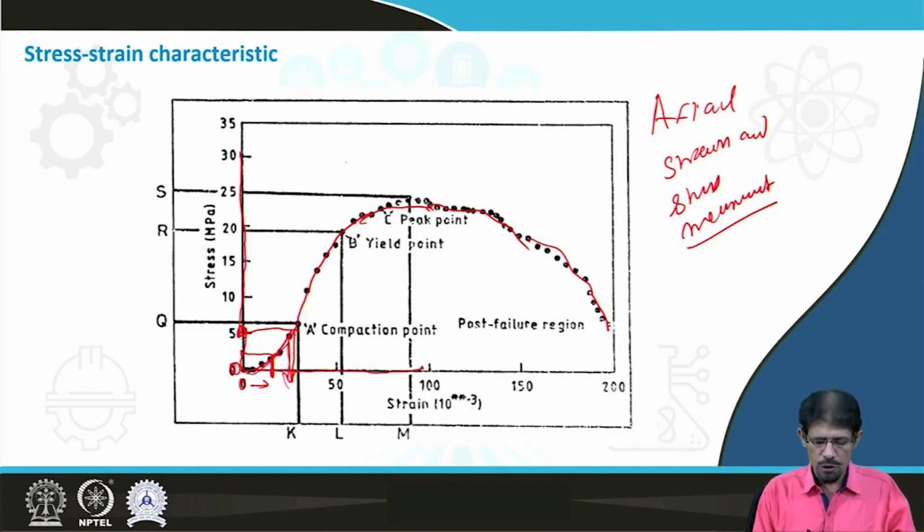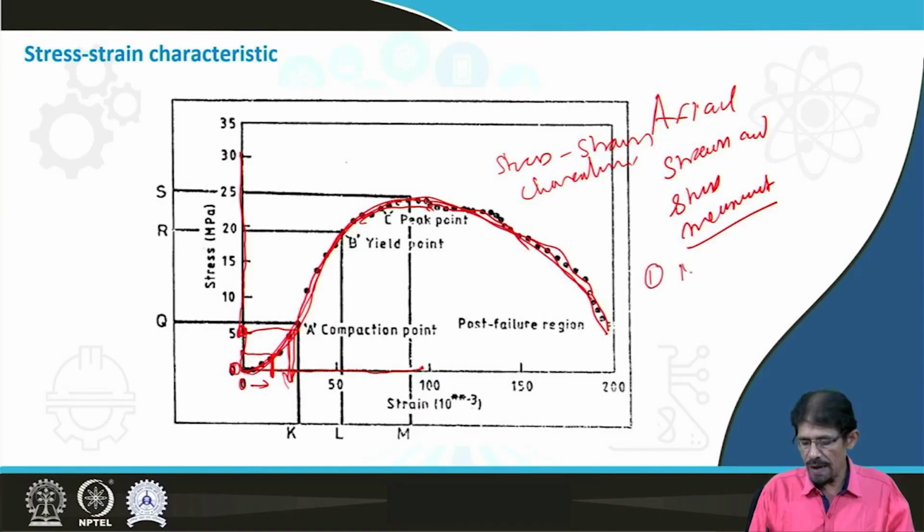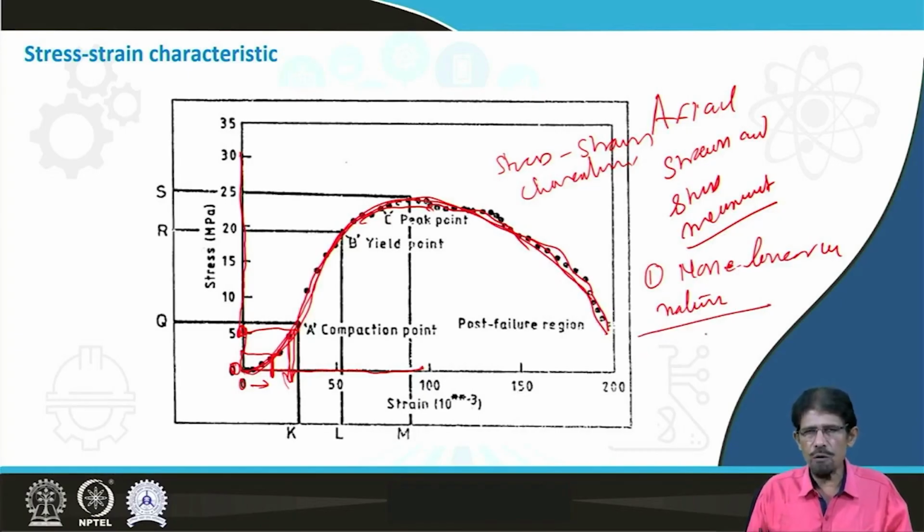If we look at the overall view of the stress-strain characteristic of rocks, we can say that the overall pattern of the stress-strain is non-linear in nature. Why non-linear in nature? Because the rock is inhomogeneous and anisotropic in nature. On the other side, there is a continuous change in internal response with respect to external cause.